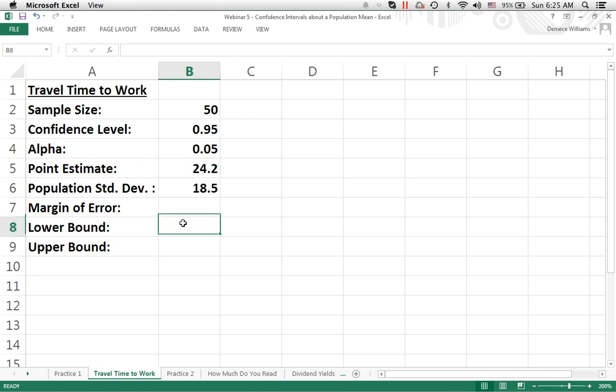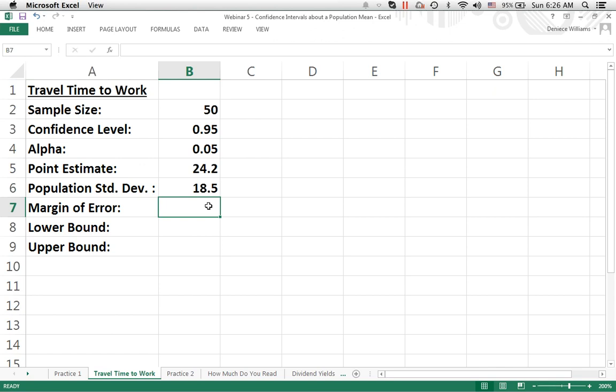And the margin of error, lower bound and upper bound, we're going to use Excel to calculate. So this is all the information that's given to me in the problem, and I'm going to use this information to calculate my confidence interval.